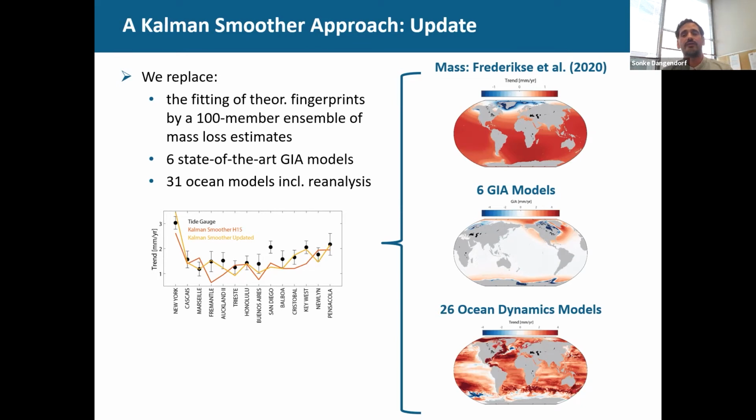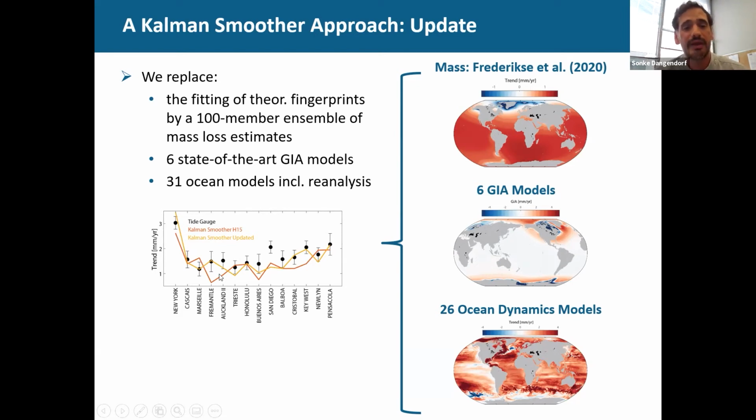The result of that update of the Kalman Smoother with that new prior information leads indeed to an improvement. So just looking at the 14 tide gauges that I showed already before, now I added that yellow curve, which is actually the linear trend estimate from the updated Kalman Smoother. And you can see that we now do a much better job.